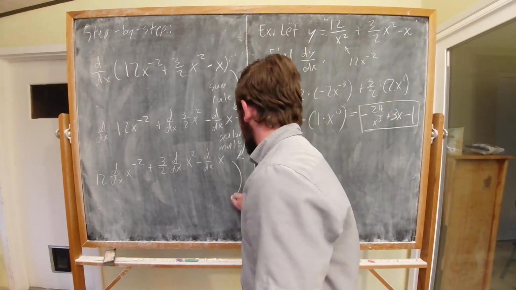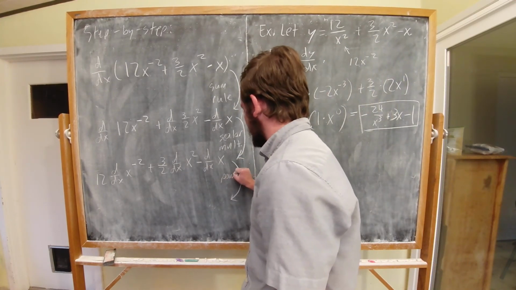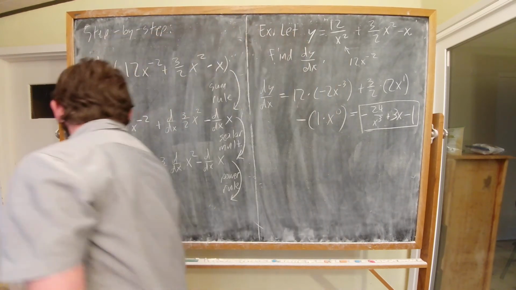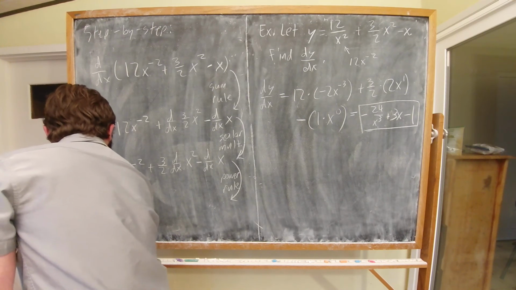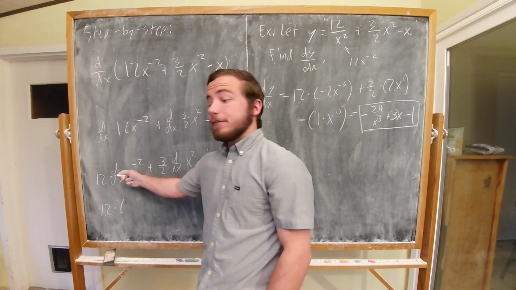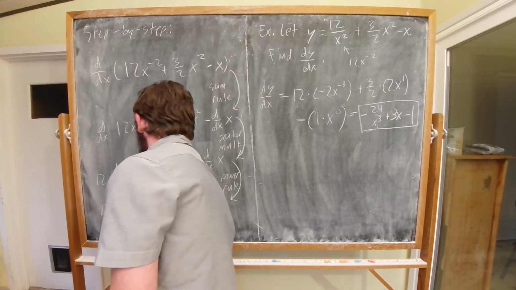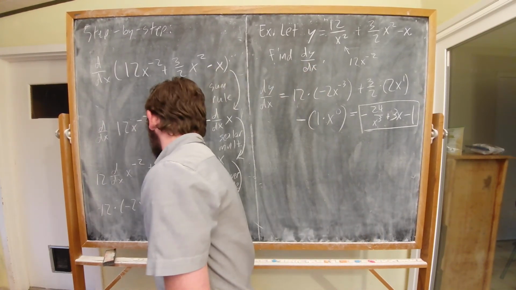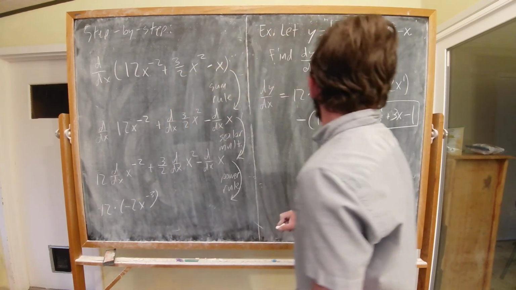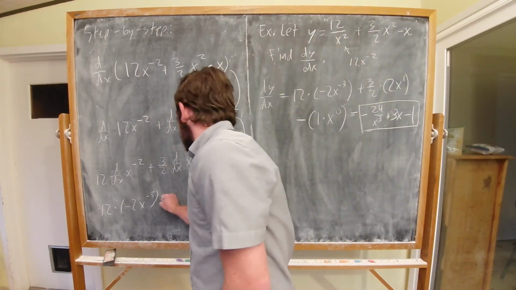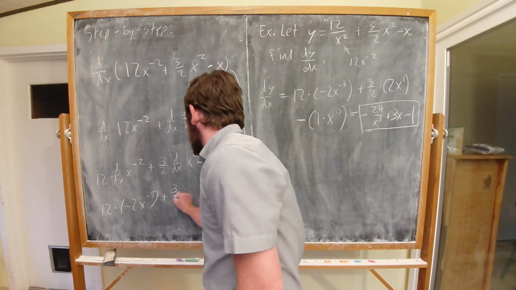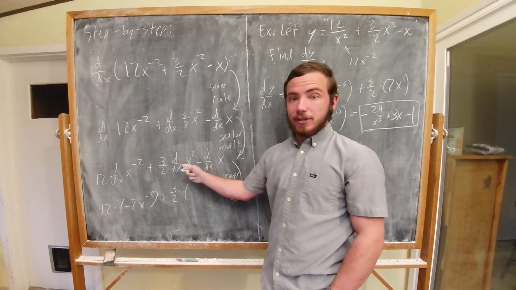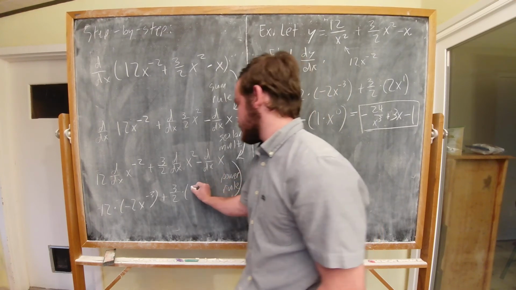Okay, now we can apply the power rule. And we're left with 12 times negative 2 x to the negative 2 minus 1, which is negative 3. Plus 3/2 times, pulling the 2 in front, gives us 2x to the first.